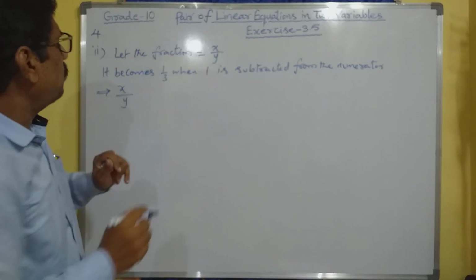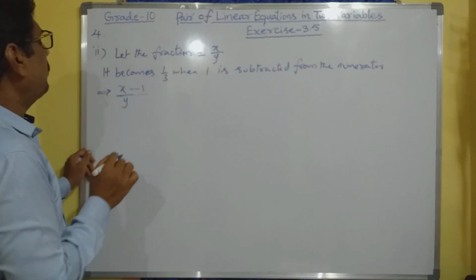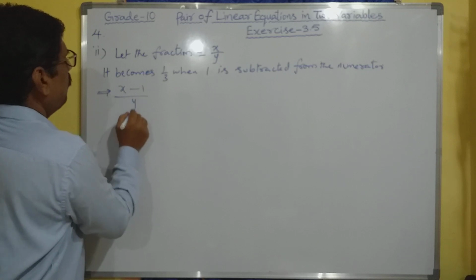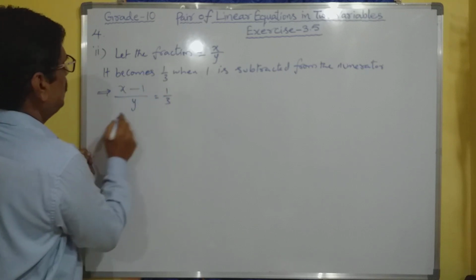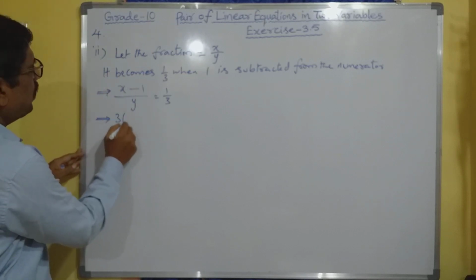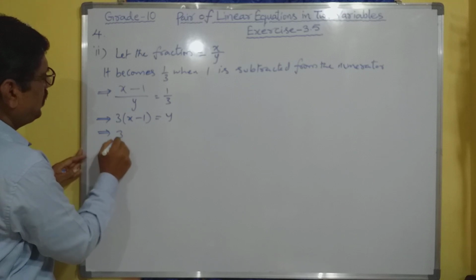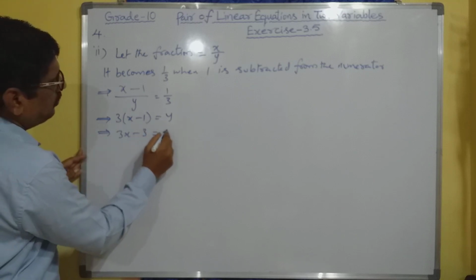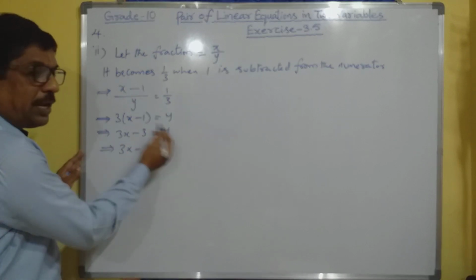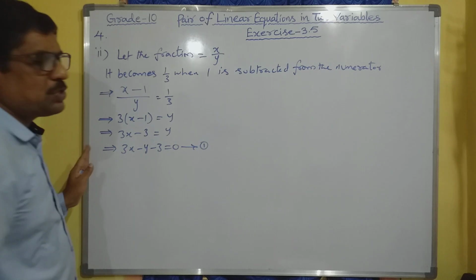If you subtract 1 only from the numerator, the denominator stays as it is, then the fraction becomes 1 by 3. By cross multiplication, 3 into x minus 1 is equal to y into 1. So 3x minus 3 is equal to y. We can write it as 3x minus y minus 3 is equal to 0. So this is equation 1.